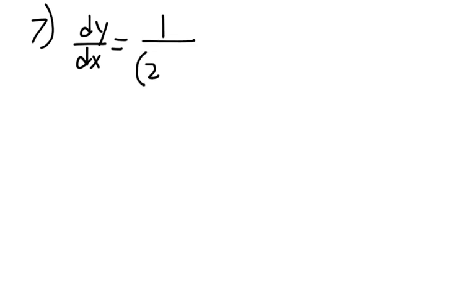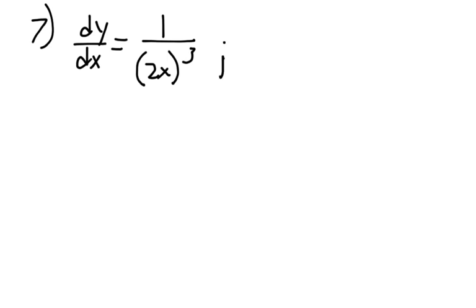Alright, number 7. Now, this one is a little different. This is going to be solving a differential equation. This is basically like I give you the answer to the derivative, dy dx equals 1 over the quantity 2x in parentheses cubed.